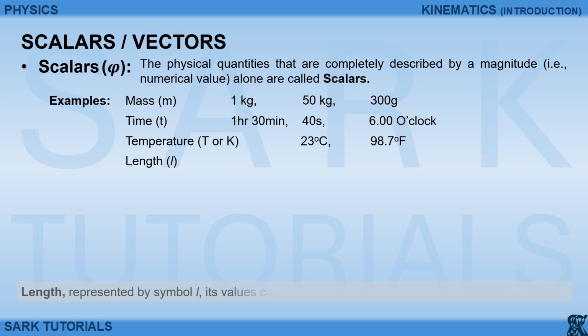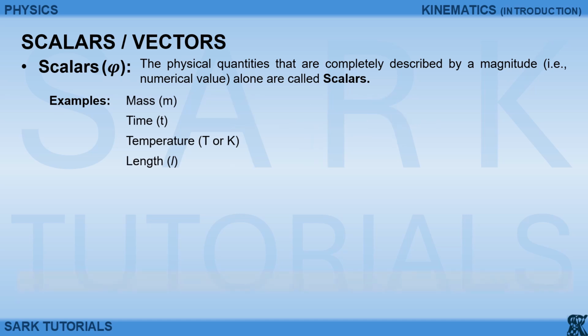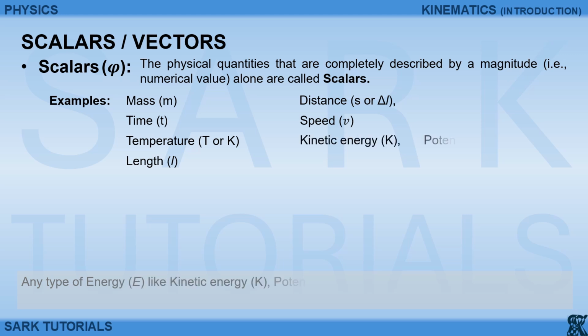Length, represented by symbol L; its values can be written as 5 meter or 10 kilometers. Distance, represented by symbol S or delta L. Speed, represented by symbol phi. Any type of energy, like kinetic energy, potential energy, work.